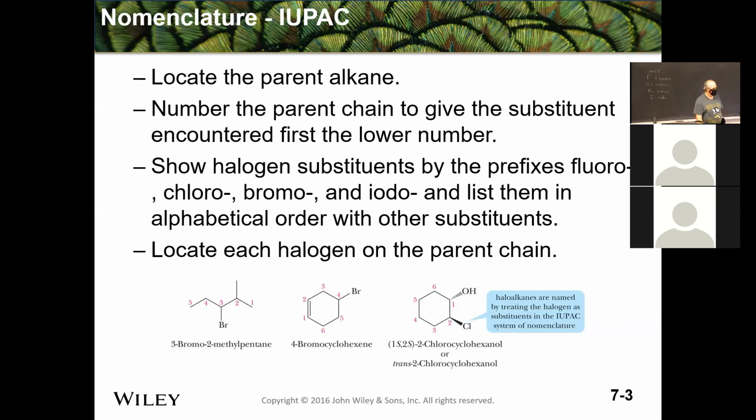So alcohol takes priority, so that's automatically on number 1. So the chlorine is on number 2. All right, so this is 2-chlorocyclohexanol, and this is chiral, so the configuration at carbon number 1 is S, and that at 2 is also S.